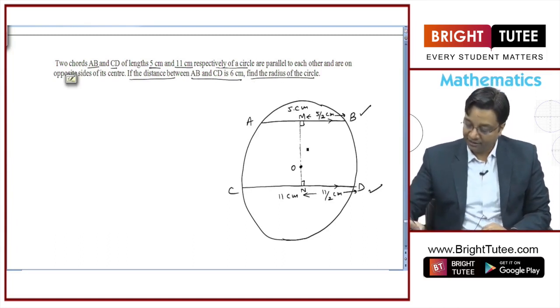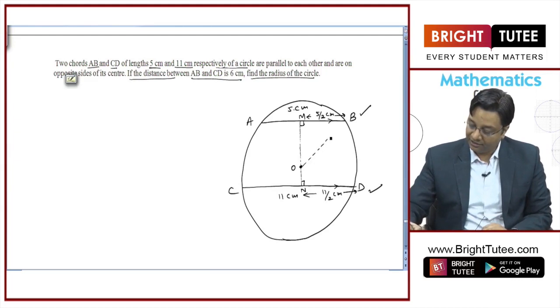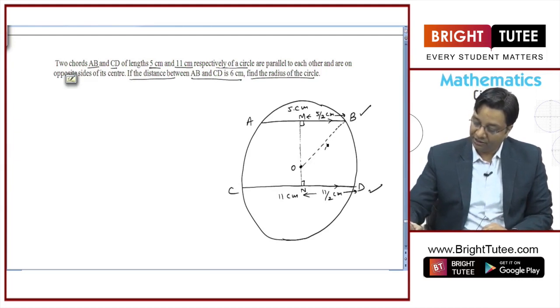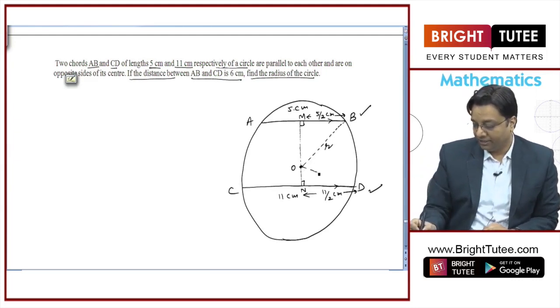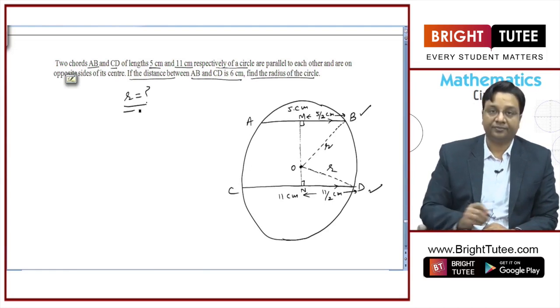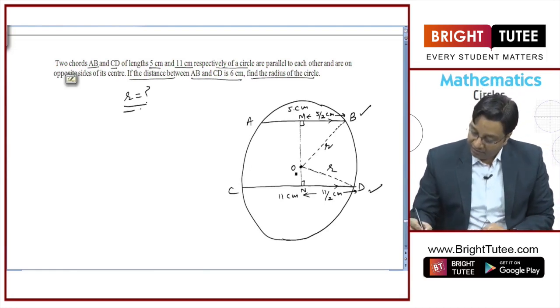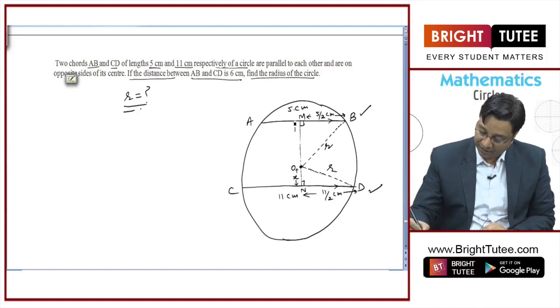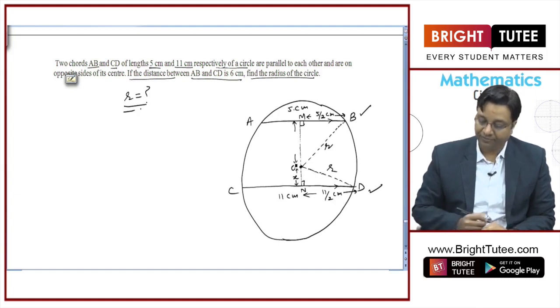So we need to find the radius, which is this OB. If I join, this will be my radius, and OD is also the radius. So I need to find R in this question, right? So let me say that this segment ON is x centimeter. If it is x, can someone tell me what will be the length of OM?